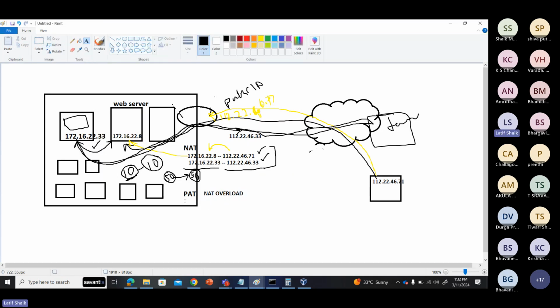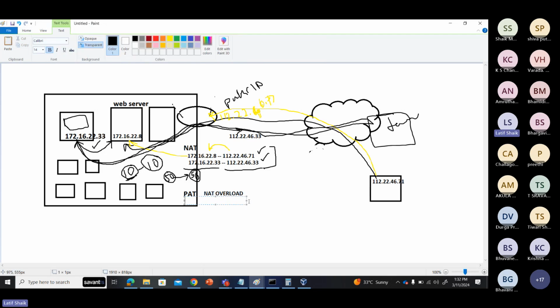So we'll see this. This technique is more beneficial, and we all use this technique to communicate in the public. For example, here I have a private network and I have a public network.